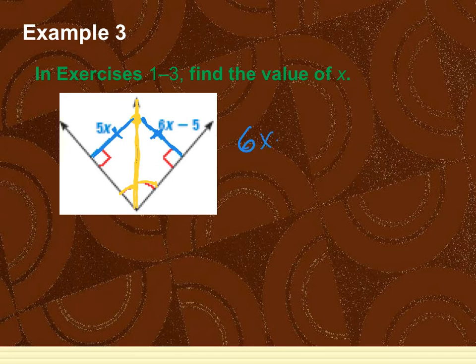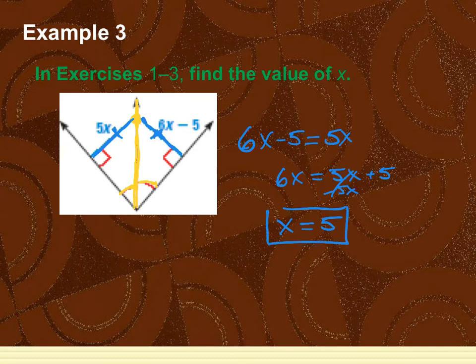So 6x minus 5 will be equal to 5x. Let's add 5 to both sides, and we get 6x is equal to 5x plus 5. Let's subtract 5x from both sides, and we get x is equal to 5. We found the value of x, but let's say you had to figure out a certain piece, just plug it in wherever. This would be 5 times 5 is 25. This would be 6 times 5 is 30, minus 5 would be 25, so it still checks out.